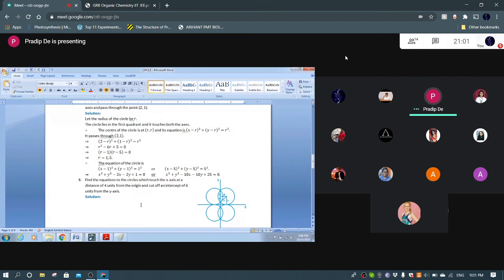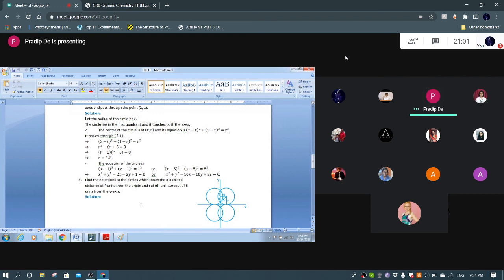Now tell me, what are the coordinates of the center? 4,5. But that is only for one circle.